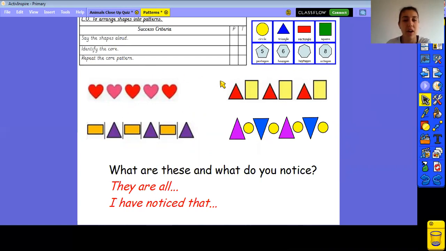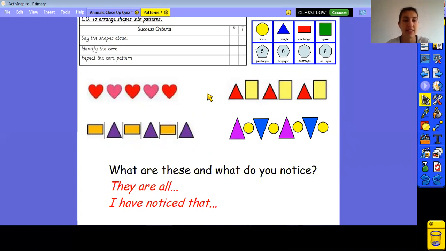So these have got 2 different shapes. These are changing their colour. And over here we've actually got 4 shapes in our pattern. We've got triangle, circle, triangle, circle, triangle, circle, triangle, circle.